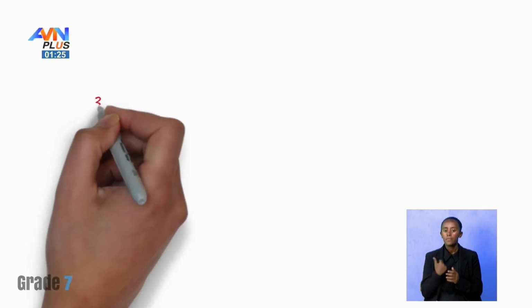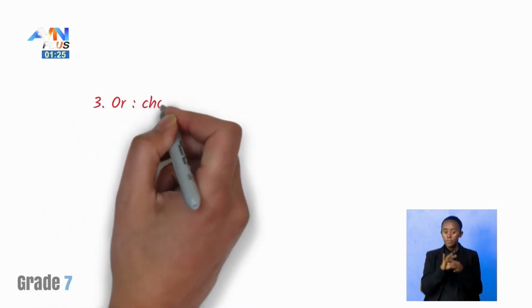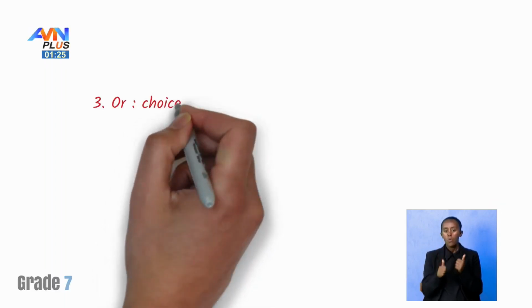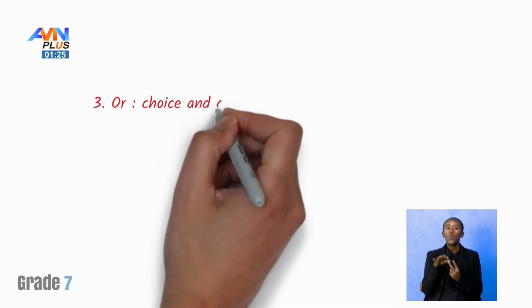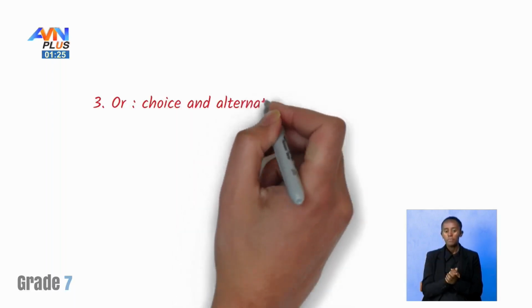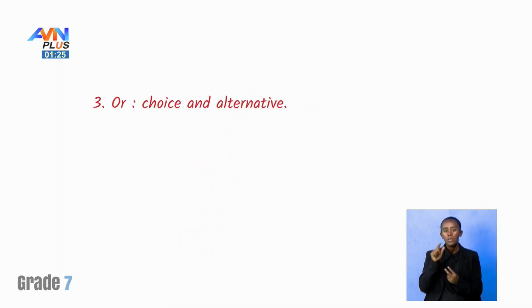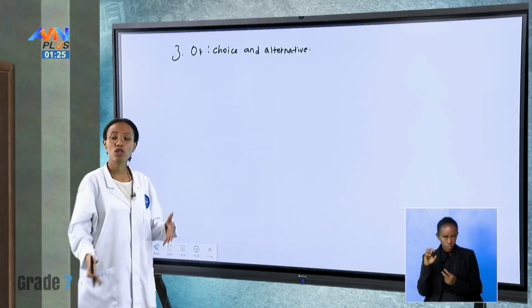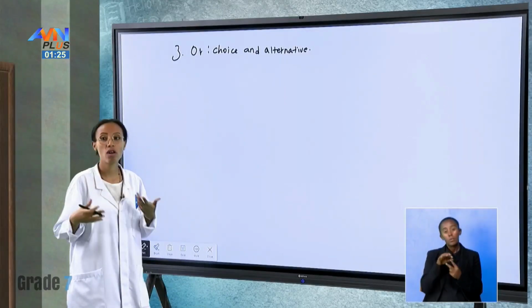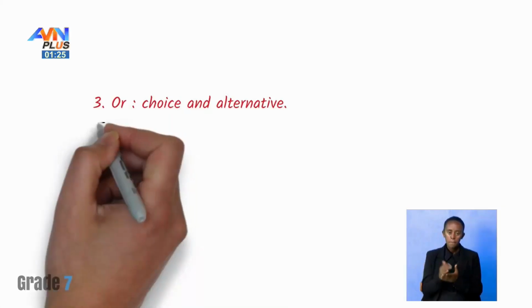We have another one. The last conjunction that we're going to see today is or, which shows choice and alternative. Yes? So it shows us choice or an alternative of something. Okay, let's see an example here.